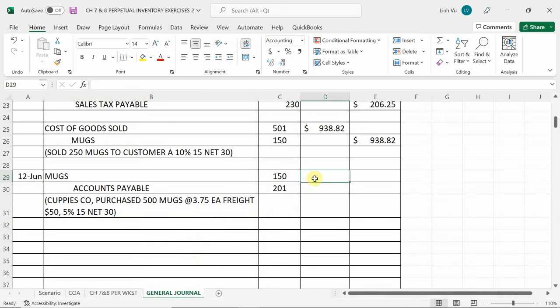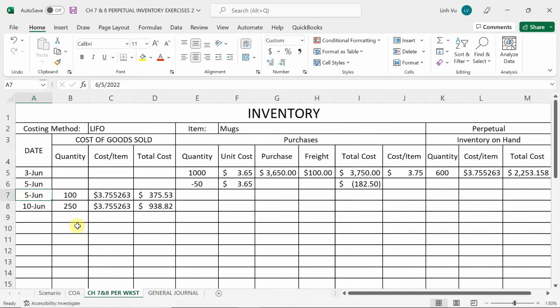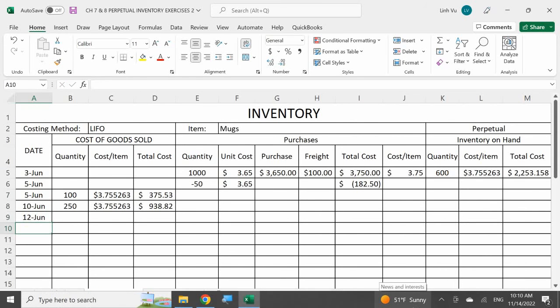So again, if you want to work this out on your inventory worksheet, you can. But that should give you $1,925. So again, if I work that out on my inventory worksheet, today is June 12th.